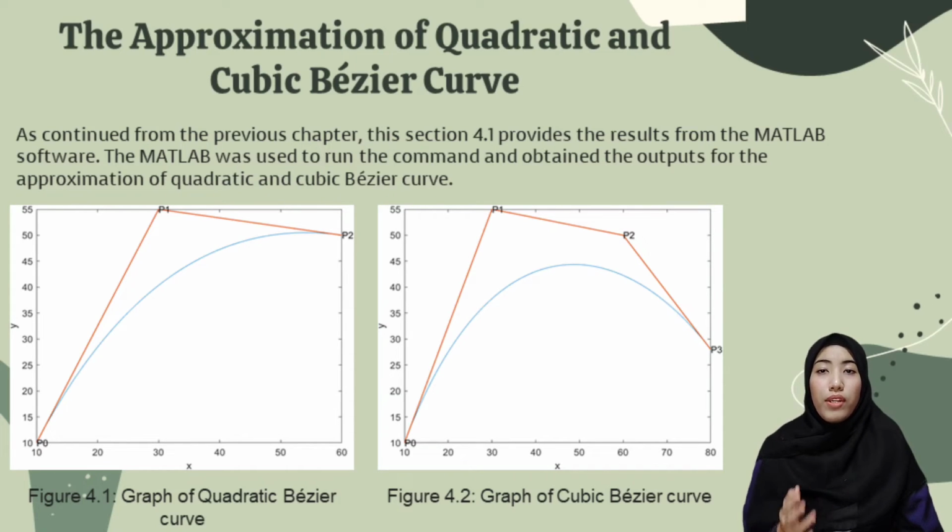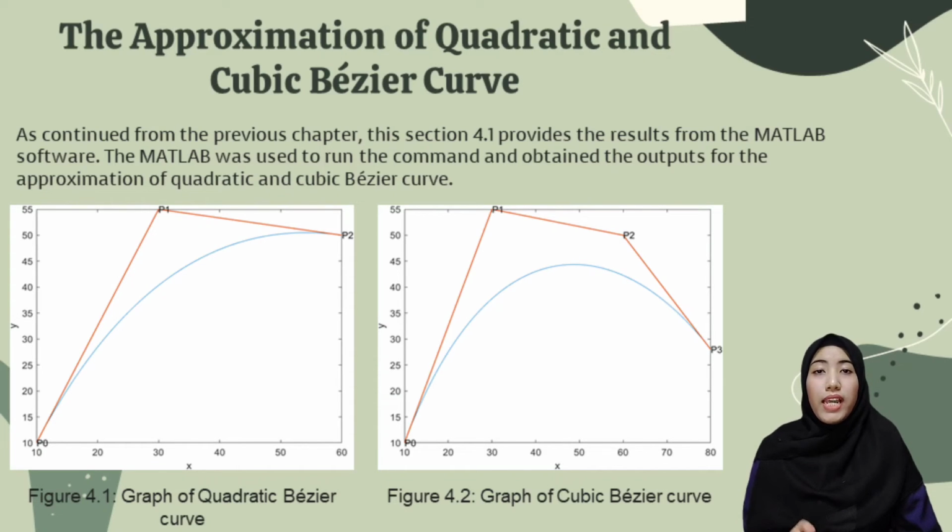These three control points form the control polygon. The expanded basis function for the quadratic Bezier curve from equation 3.2 is combined with the control points P0 equal to coordinate (10, 10), P1 coordinate (30, 55) and P2 coordinate (60, 50) to generate the curve.